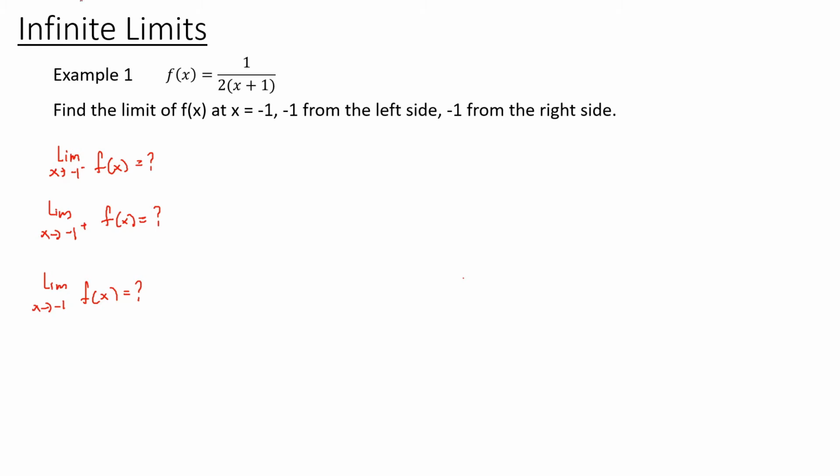So first, let's look at our function. We could see that there's a vertical asymptote at x equals negative 1 because if you set your denominator equal to 0, you'll find that x comes out to be negative 1, which means you have a vertical asymptote.